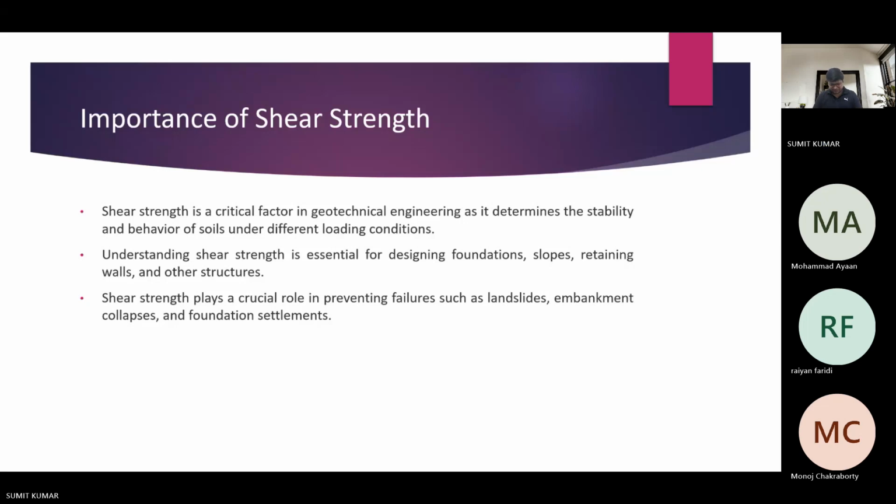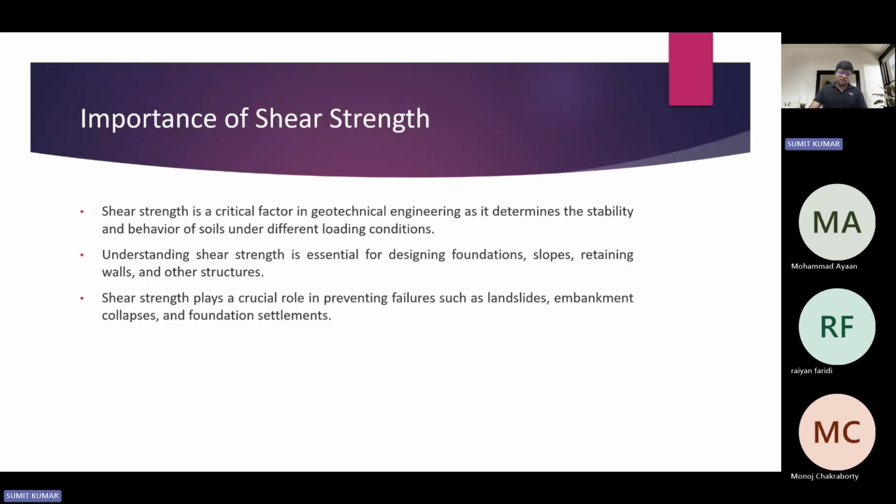Suppose at any specific site you have the knowledge of how much strength the soil has, by doing various field investigations, when we have the soil report, we could evaluate various adverse conditions possible.